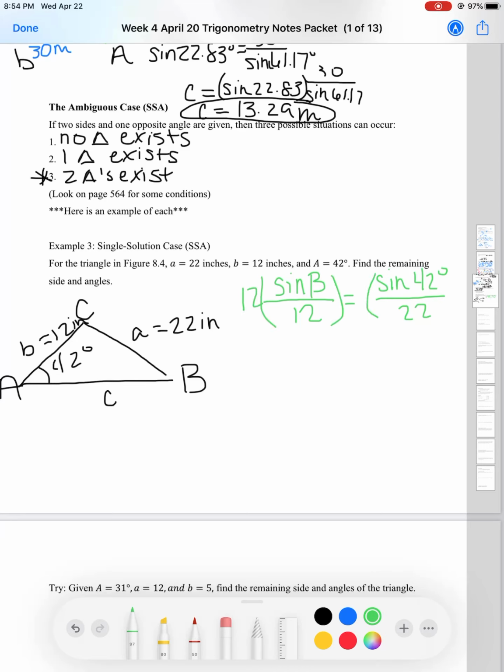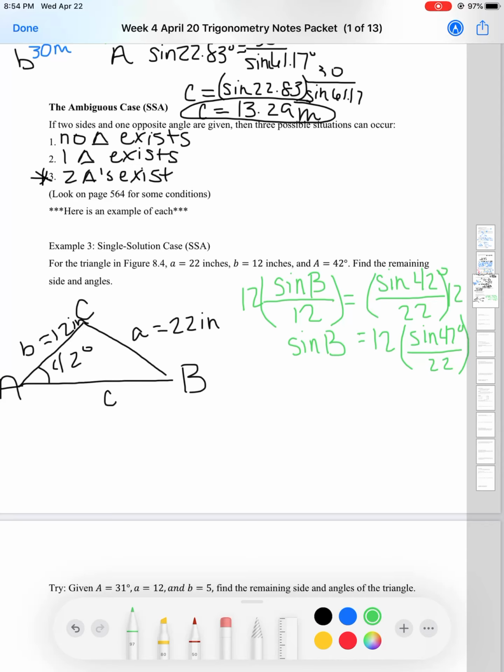So we're going to multiply both sides by 12. So I'd get sine B equals 12 times sine 42 degrees over 22.